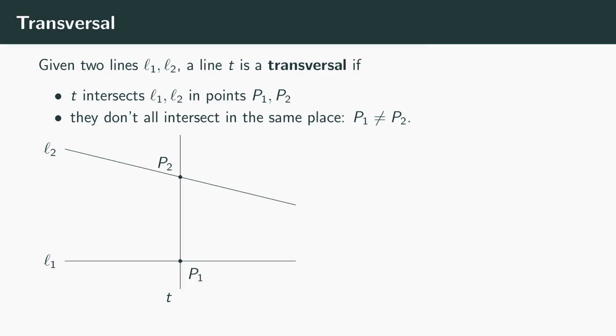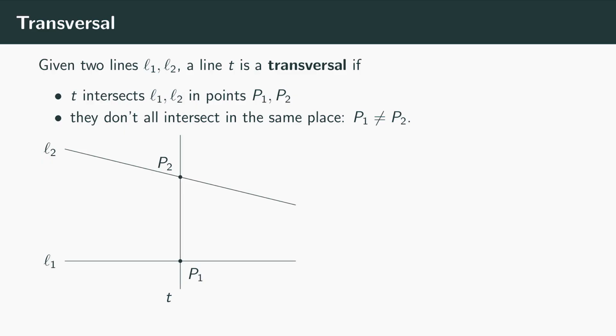So the first thing is a transversal to a pair of lines. If I have two lines, L1 and L2, a line T is a transversal to L1 and L2 if two things are true. The first one is that T intersects each of my two lines, and I'm naming the points P1 and P2. And the other condition is that the points P1 and P2 are different from each other.